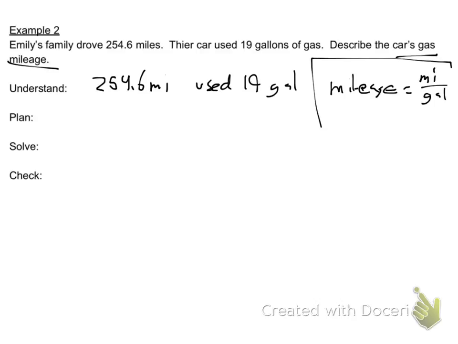So guess what? By understanding the question and what it's asking, you just created the plan. Gas mileage is miles per gallon. That's exactly what we would use for the plan.